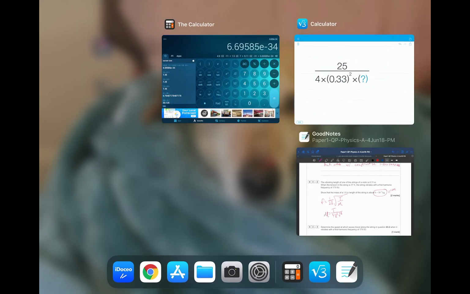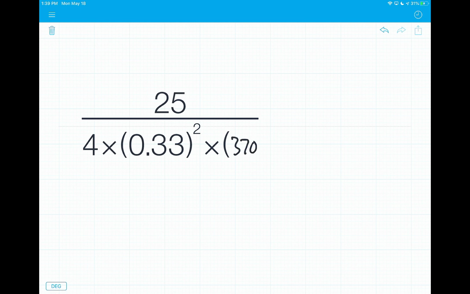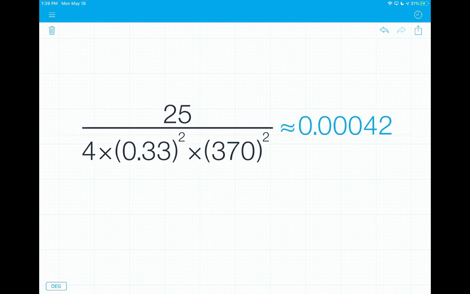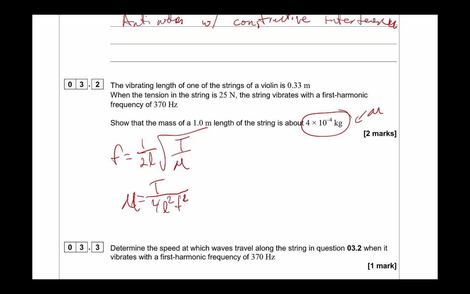And what was the frequency? 370 hertz. Just remember that for a show that, you always have to have one extra significant figure, minimum, in your answer, so that it's showing that you've actually done the calculation correctly.